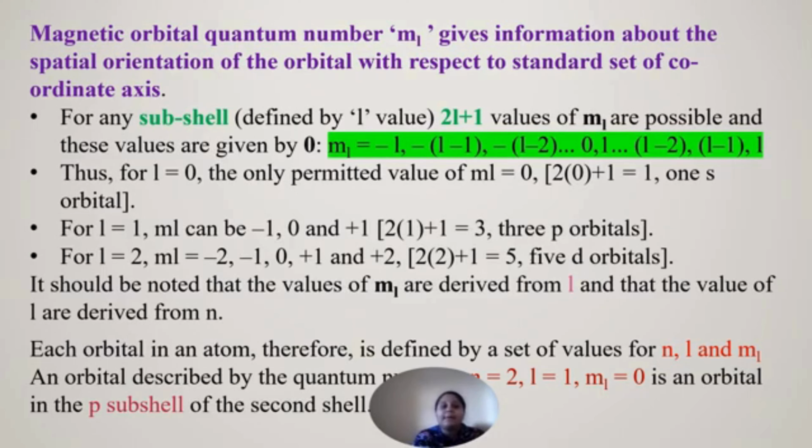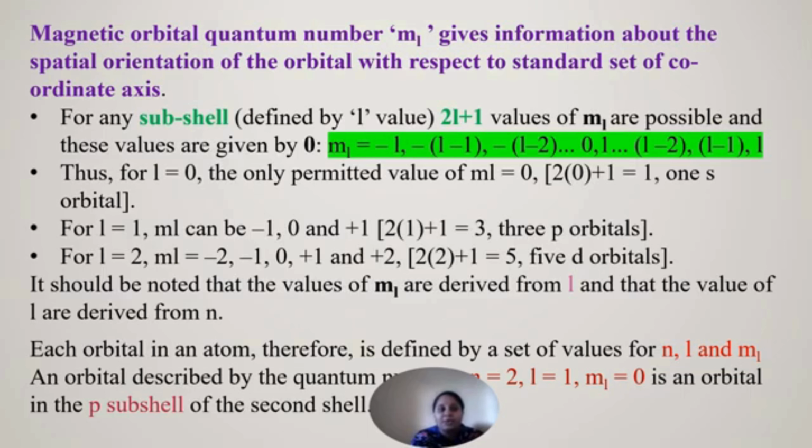So the next is the magnetic quantum number. This gives the information about the spatial orientation of the orbital with respect to the set of coordinate axes.